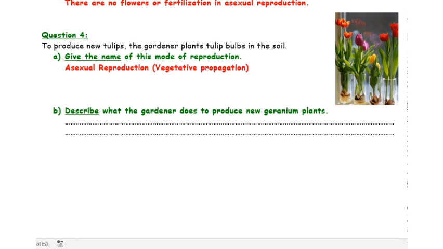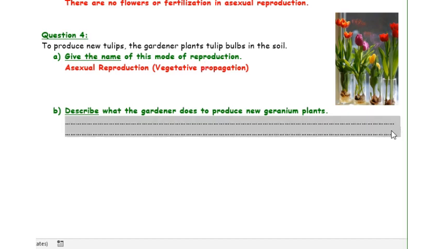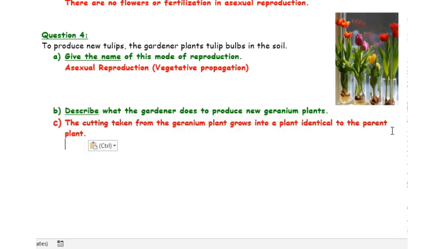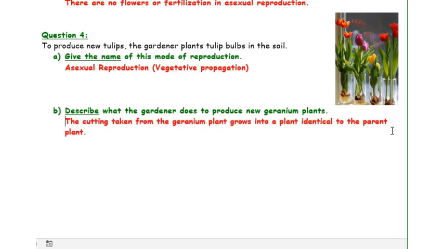So what can a gardener do to produce a new geranium plant? It can use the cutting of the geranium plant. The cutting taken from the geranium plant grows into a plant identical to the parent plant.